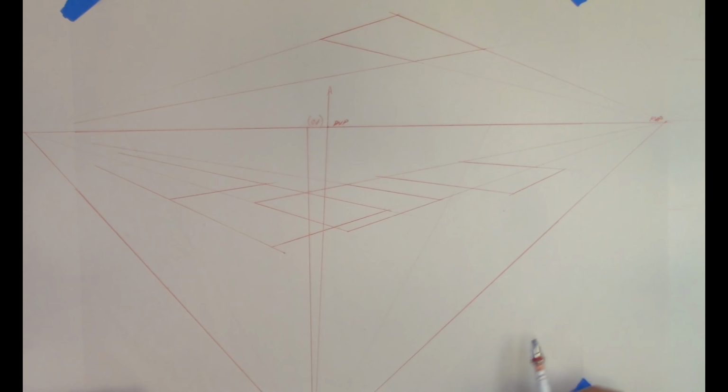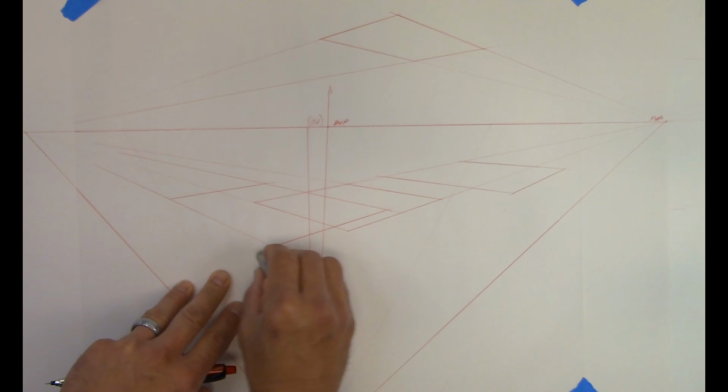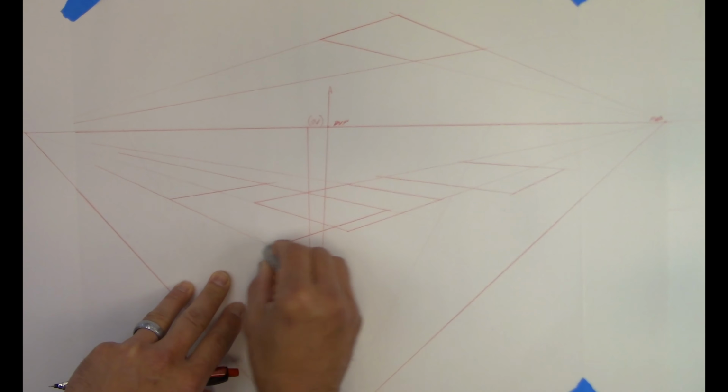So this one is overlapping this one, or this one's overlapping this one. I haven't figured that out yet. I'm just going to leave it for now, and I'll define it a little bit later.